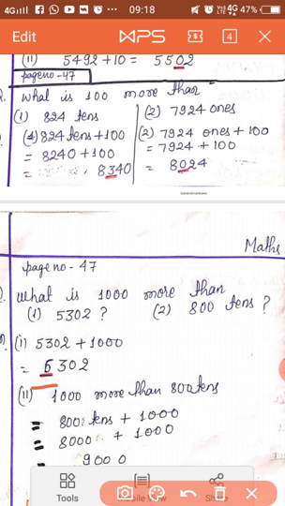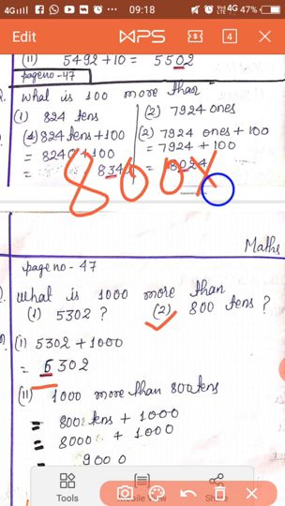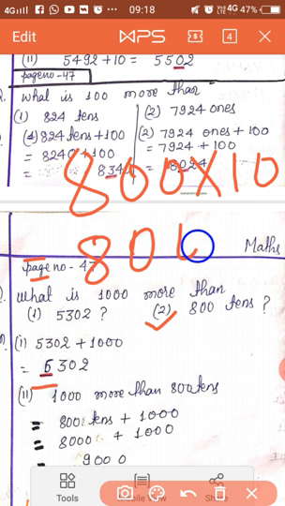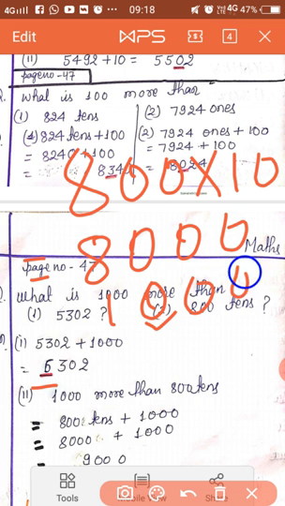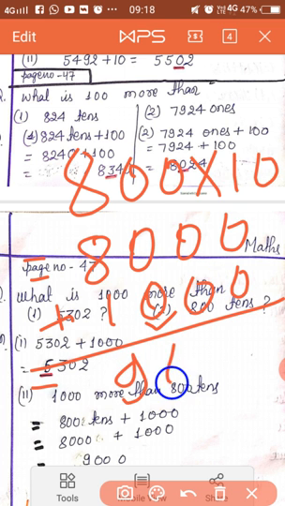And next one, what is 1000 more than 800 tens? 800 tens means 800 multiplied by 10, which is equal to 8000. In this we have to add 8000 plus 1000, which is equal to 9000.